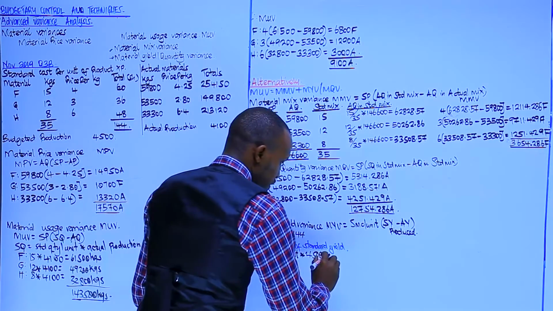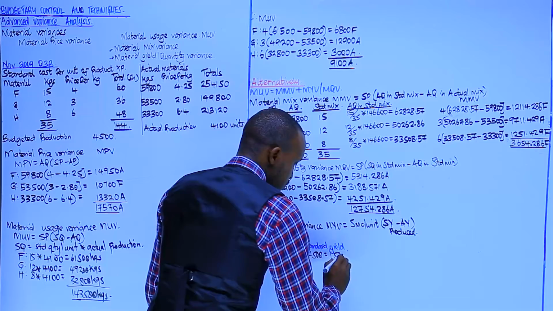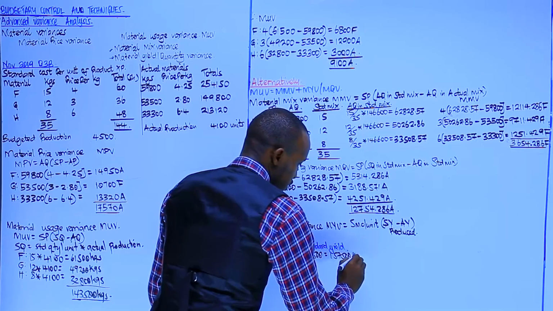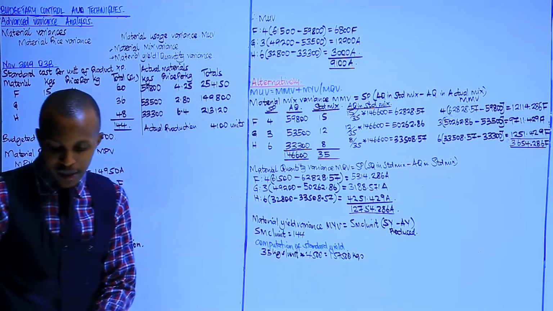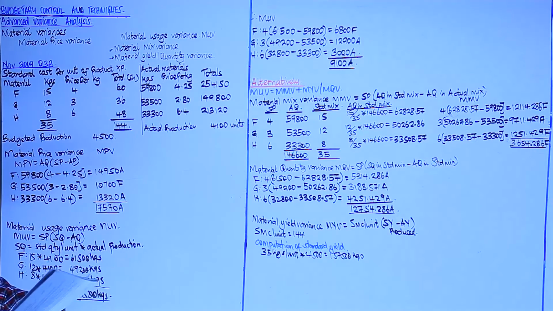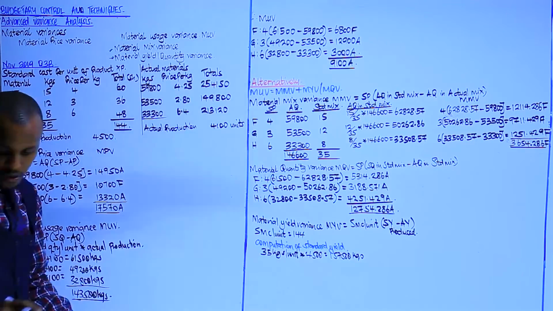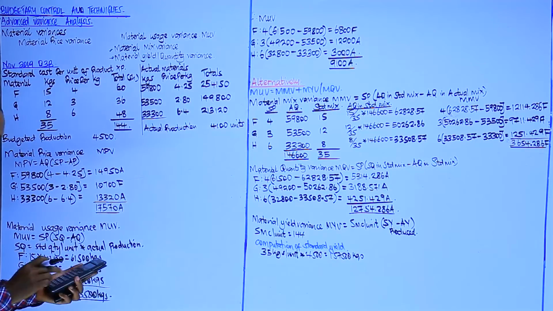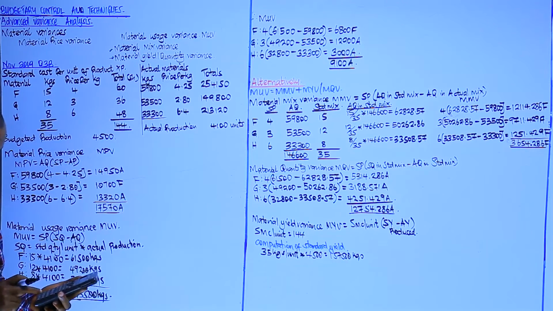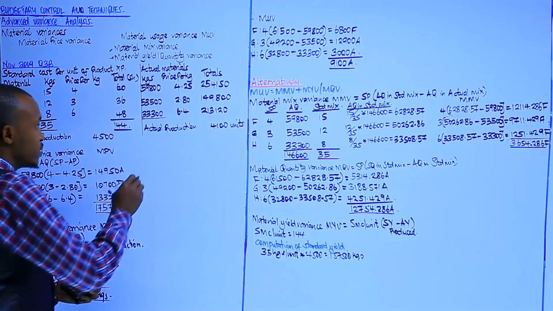That means you used 157,500 kgs. But when you actually used how much? Your actual kgs here that you used to produce your total output was 146,600.